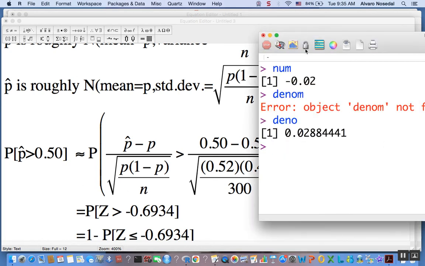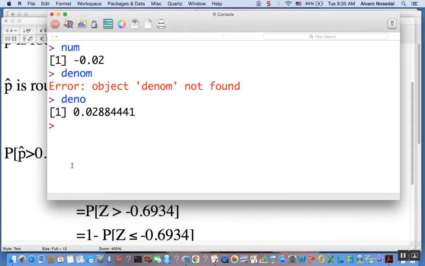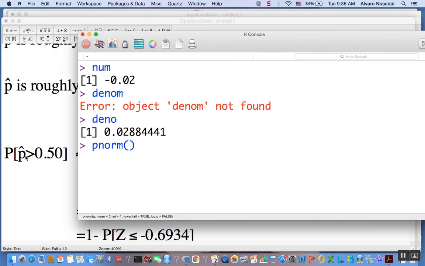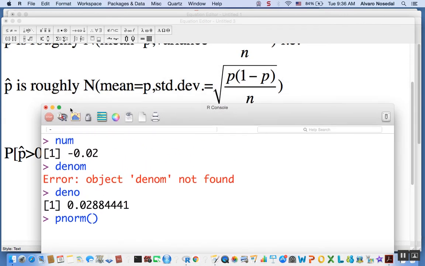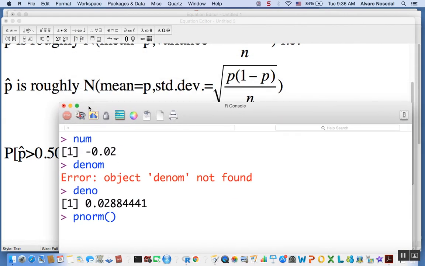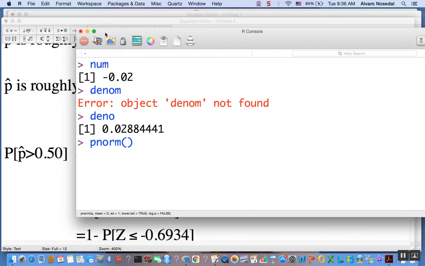So what I could do to check our work using R is this. Using that P-norm function, what I want to do is see if P hat is greater than 50%, but P hat is roughly normal with mean 0.52, right? So I want to evaluate at 0.5.